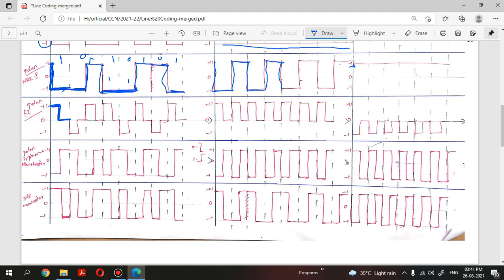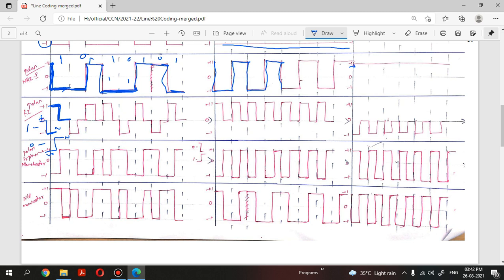But in this mechanism, let's take this pattern of graph: for 1 I will give voltage like this, and for 0 I will give voltage like this. One starts from negative and goes to neutral, and the other starts from positive and goes to neutral. Both inputs end up with neutral.